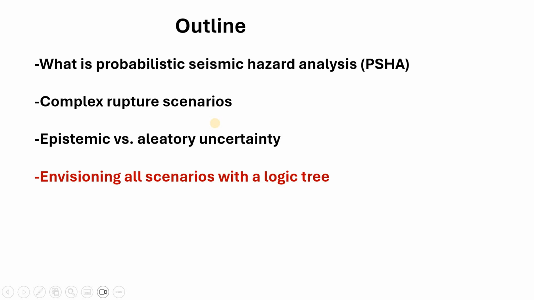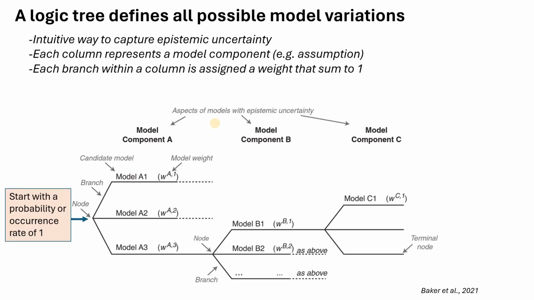So let's wrap up here by thinking about how do we use logic trees. And logic trees are fascinating, and here's what they look like. So we essentially start on the left with some rate of occurrence or some probability of occurrence, and we take that value and we run it through all of the different epistemic uncertainties, okay?